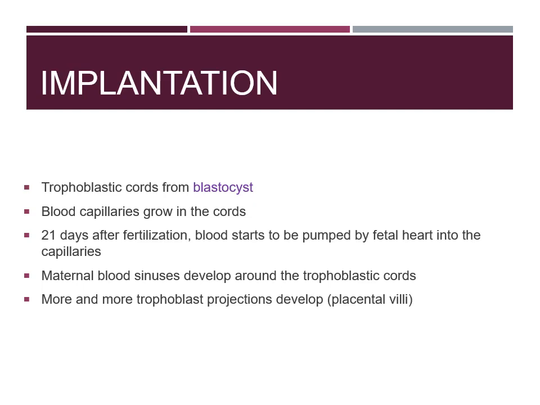The trophoblastic cords from the blastocyst will implant and will start making the placenta. Blood capillaries will grow in these cords from the fertilized ovum, and after the 21st day after fertilization, blood will start to be pumped by the fetal heart into the capillaries.